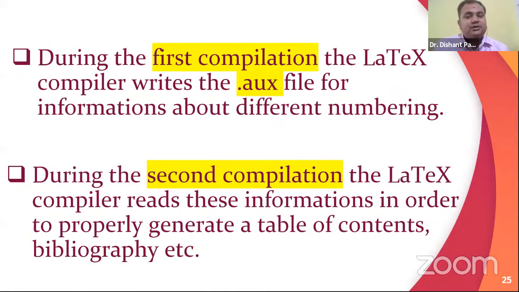Even if by chance or by mistake you have added some citations or references which are not a part of your document, LaTeX will warn you, but it will process the document without those problematic entries. So there will be no role for such references.